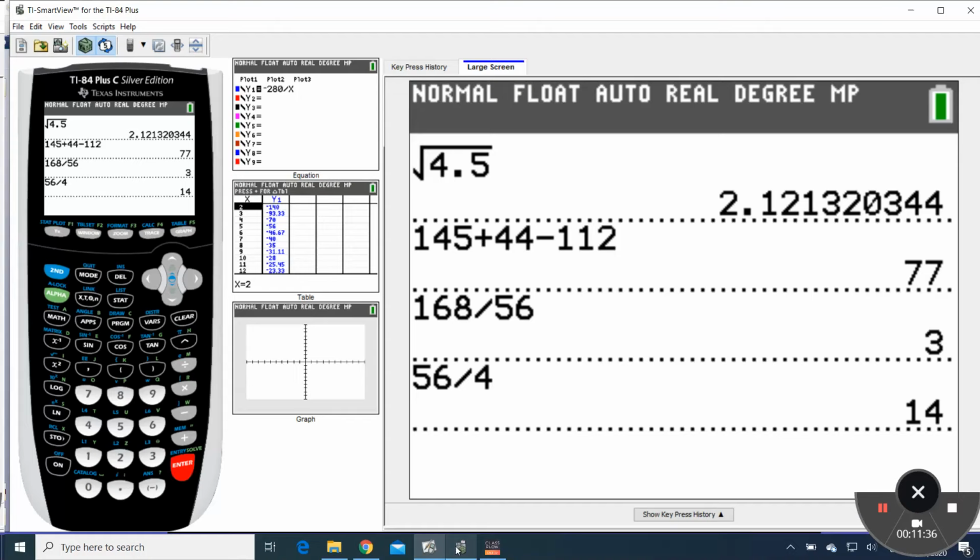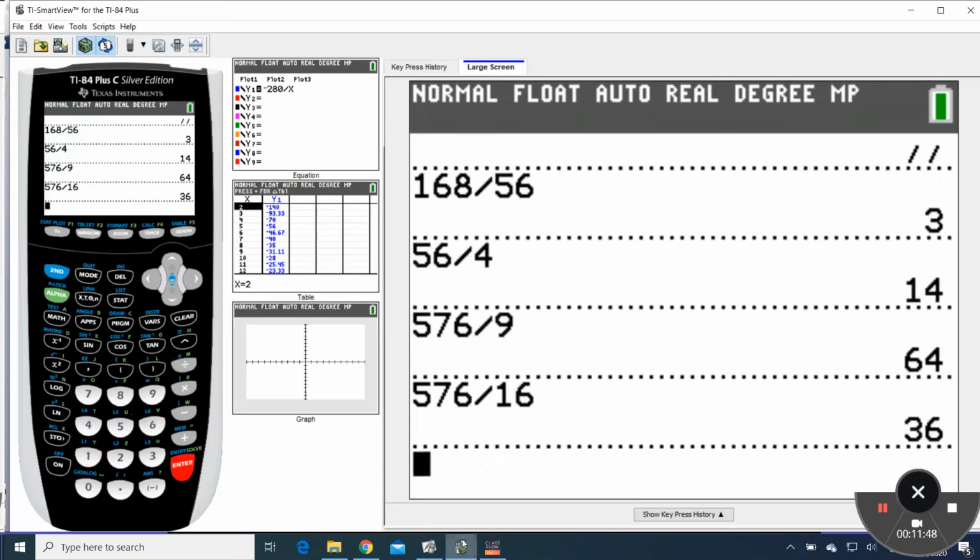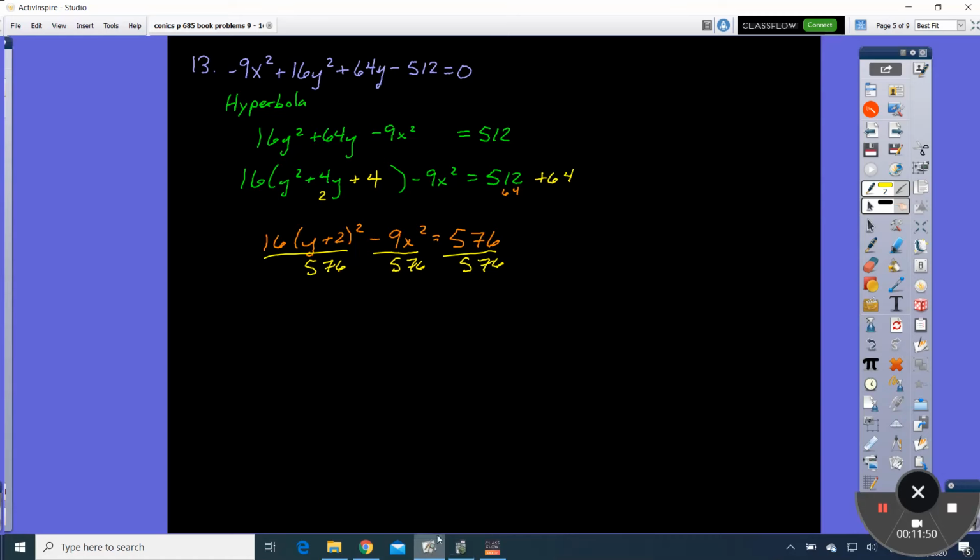So I come to my calculator, 576 divided by 9, 64. 576 divided by 16 is 36. So this is negative x squared over 64. This is (y plus 2) quantity squared over 36.